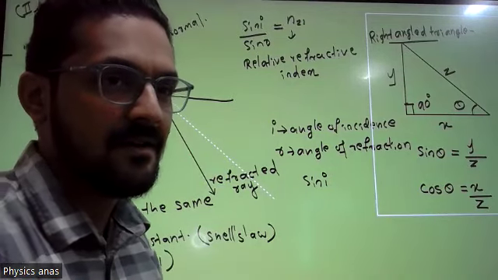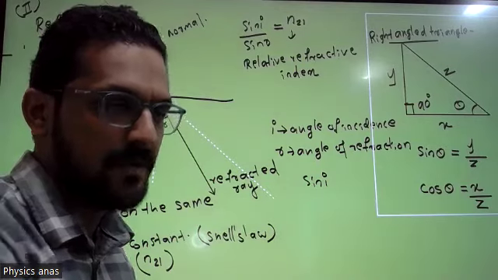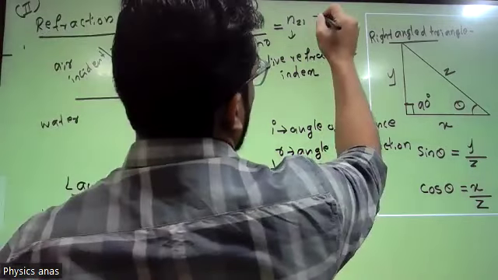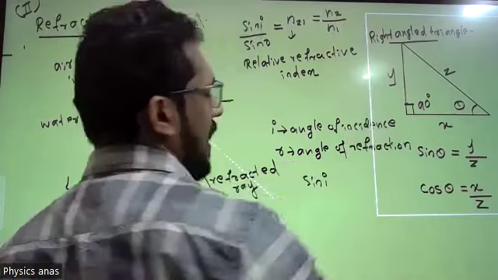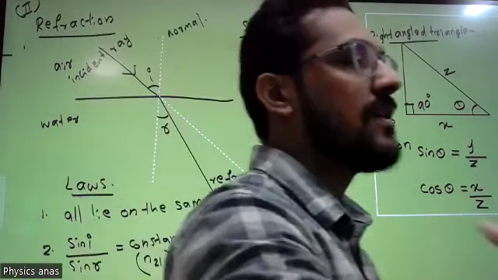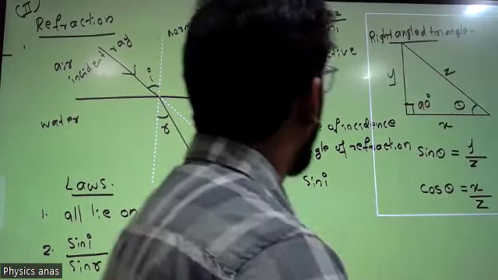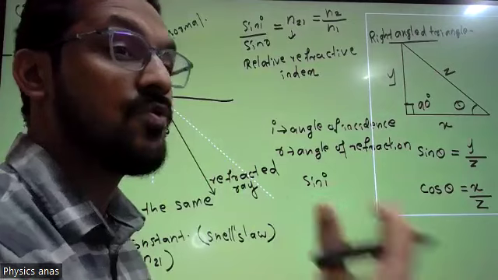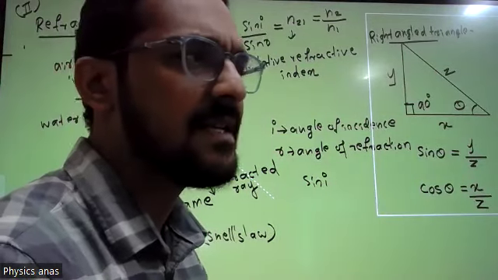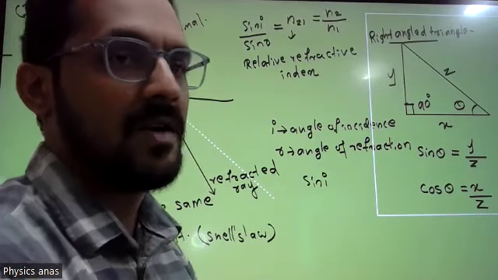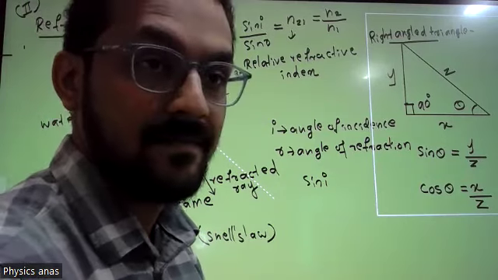It has an equation: n2 by n1. What n2 and n1 are, I will teach you in another class. You just have to understand that n21 can be written as n2 by n1. That's easy, right?